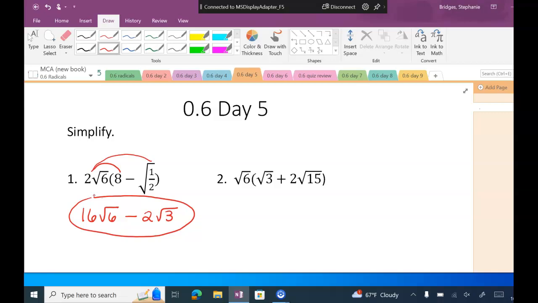If you will go ahead and start number 2, go ahead and distribute that square root of 6 to both terms inside of parentheses. Once you distribute, then I want you to try to see if you can simplify each radical.